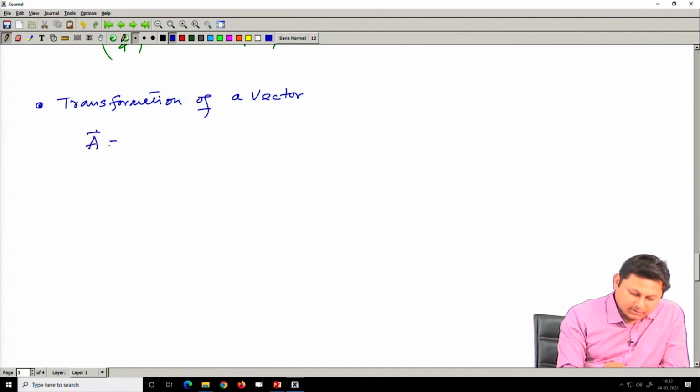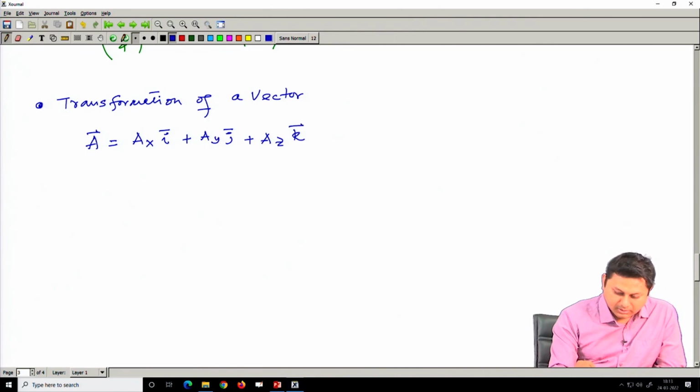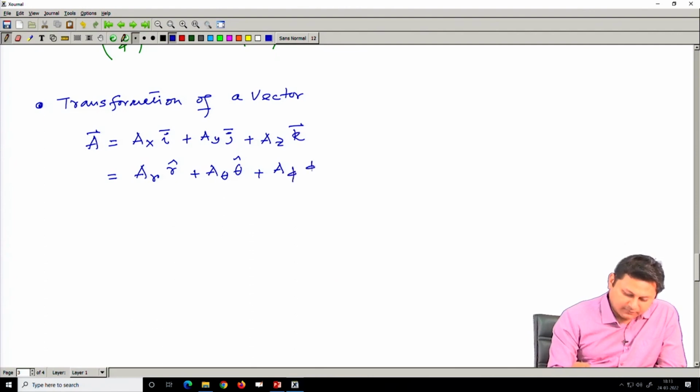A given vector can be written in terms of the Cartesian coordinate system as Ax i plus Ay j plus Az k. But the same vector in spherical polar coordinates, I can write as Ar r unit vector plus A theta theta unit vector plus A phi phi unit vector.